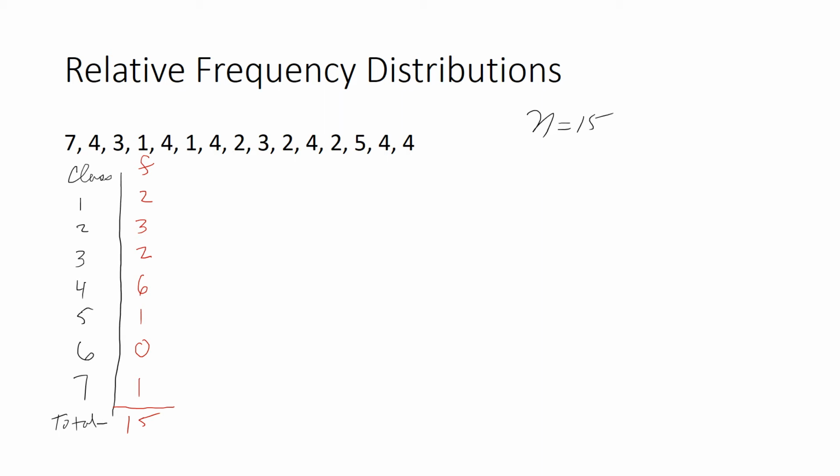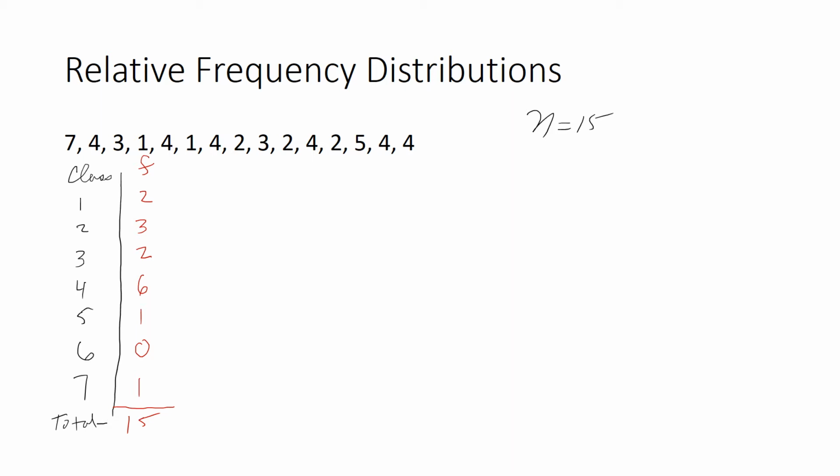Okay, so now we have to talk about relative frequency distributions. The relative frequency distribution shows the frequency of each class as a fraction of the total, or a portion of the total frequency distribution. So you're going to take each class and see what percentage this is.